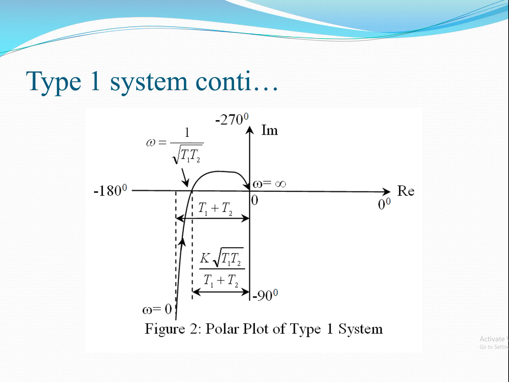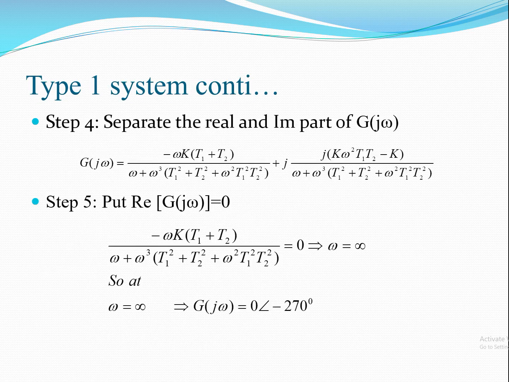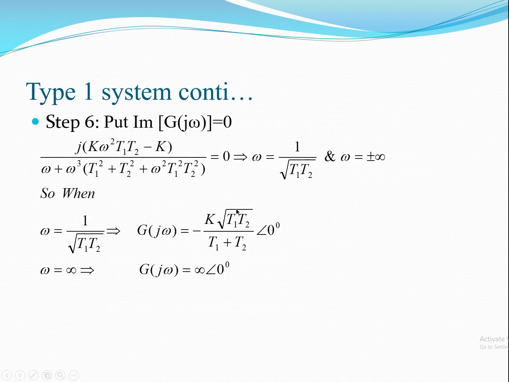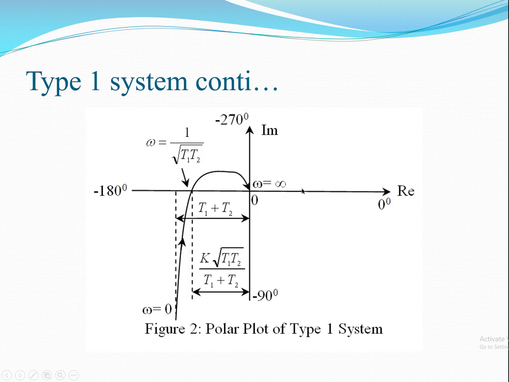Before starting and ending, it is going to intersect the imaginary axis as well as the real axis. The intersection with the imaginary axis is 0, at angle minus 270. The intersection with the real axis is G of j omega equal to minus k under root T1 T2 divided by T1 plus T2, and the angle is 0 degree. This is the positive part, this is the negative part.